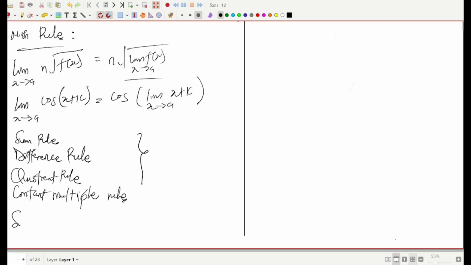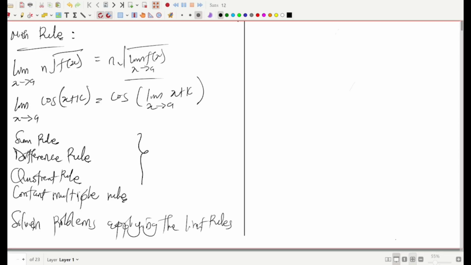Now, let's solve some problems applying these limit rules. The first we'll be solving is, say you have the limit of x plus 2 as x approaches 2.